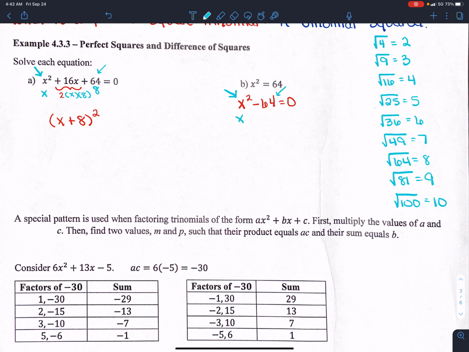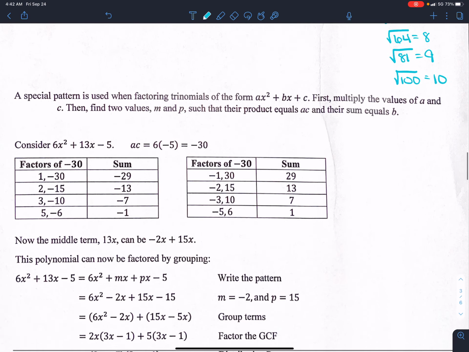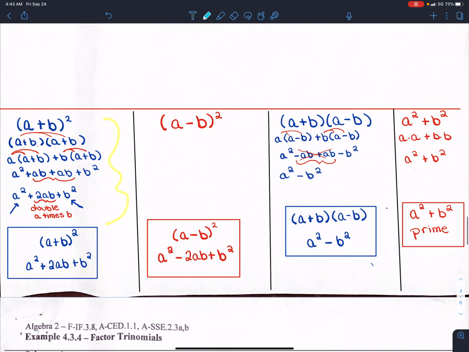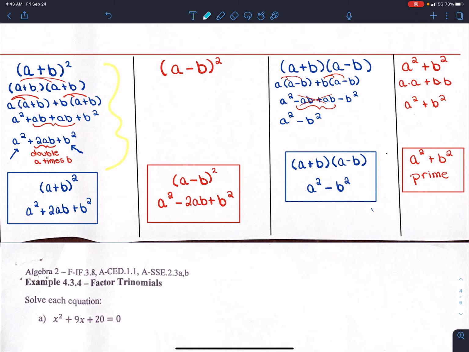Yep, that would be 8. Now, looking at our rules, whenever they're being subtracted, I have x squared minus 64, so a squared minus b squared. Whenever we have that, it's going to be the same thing, but this time it is going to be that negative b squared.